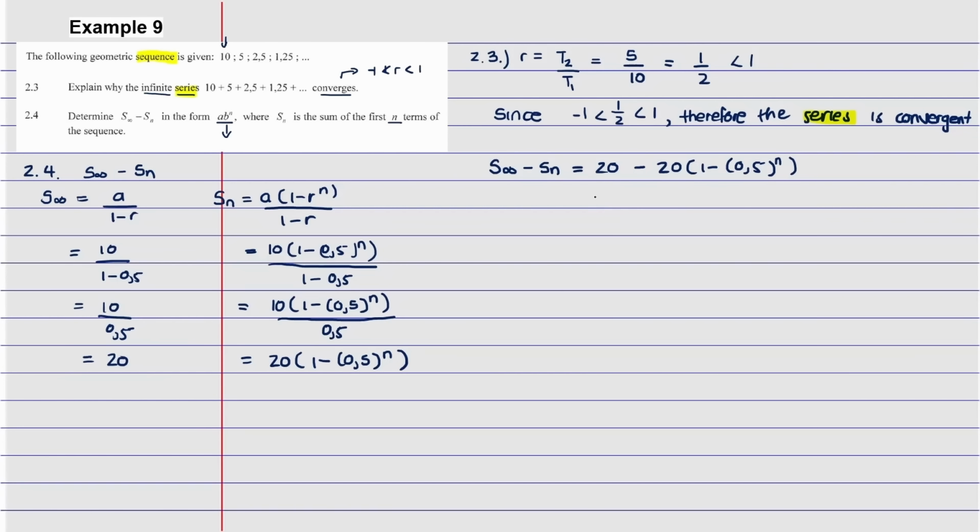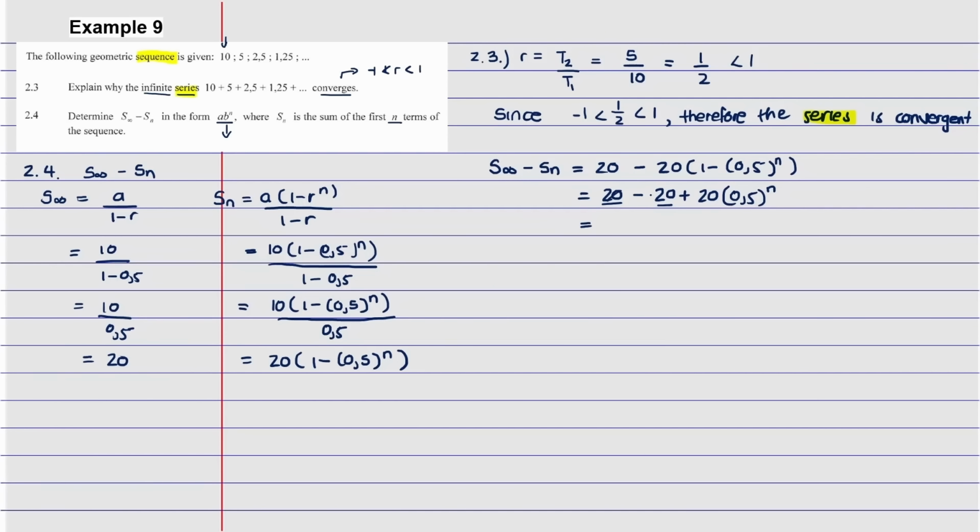Now we're going to distribute the 20. So it's going to be 20 minus 20, negative 20 multiplied by this one, which is going to give us a positive, so 20 open bracket 0.5 to the power n. So now we see the fact that this one and this one are going to give us 0.